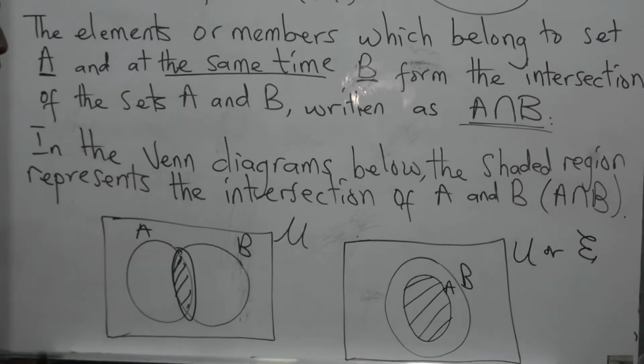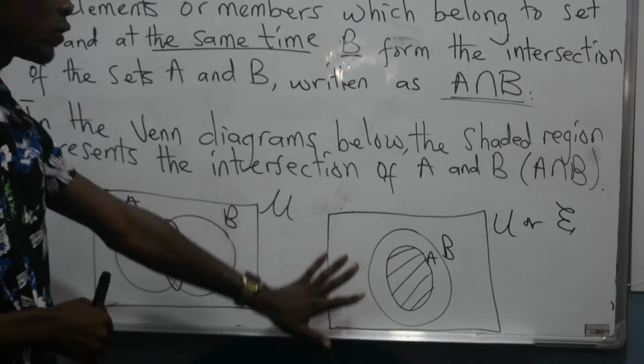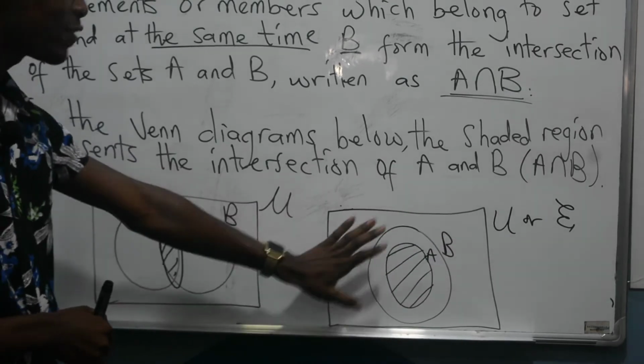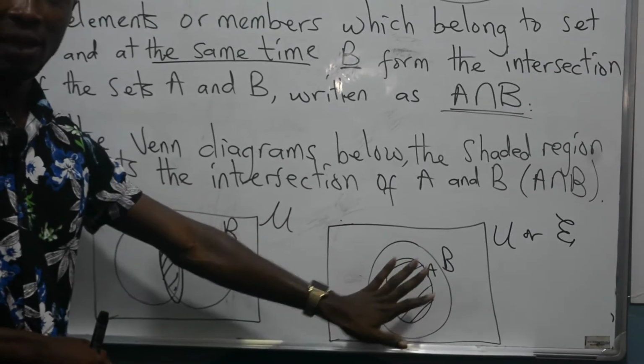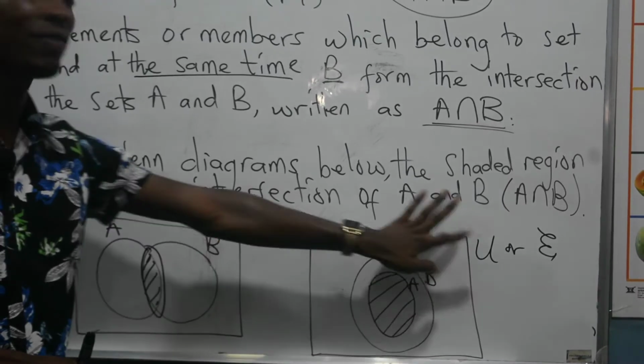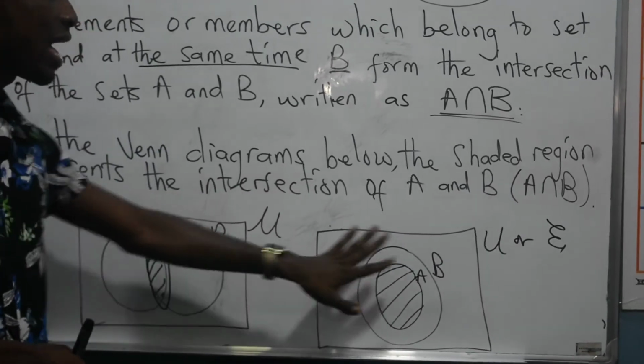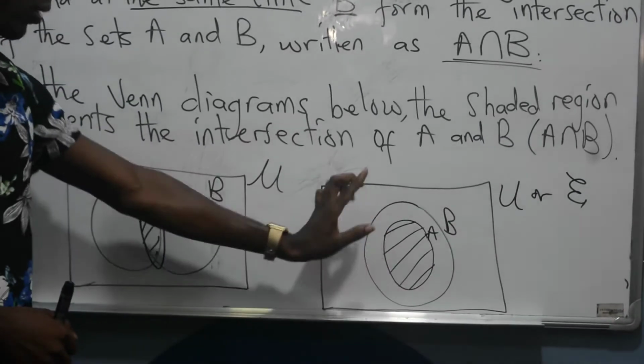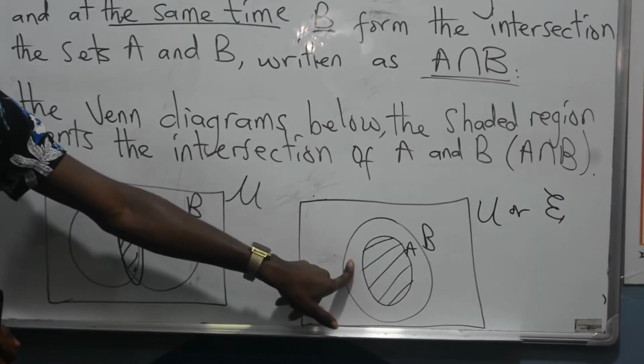In the case where all the elements of A can also be found in B, then I have to place A inside B, because A is a subset of the universal set, at the same time a subset of B. So this will be my intersection.